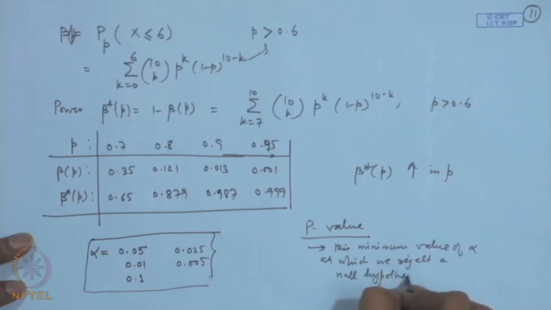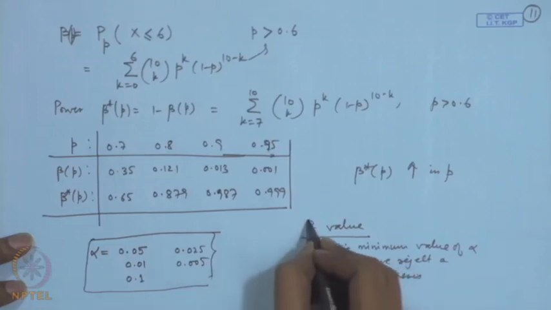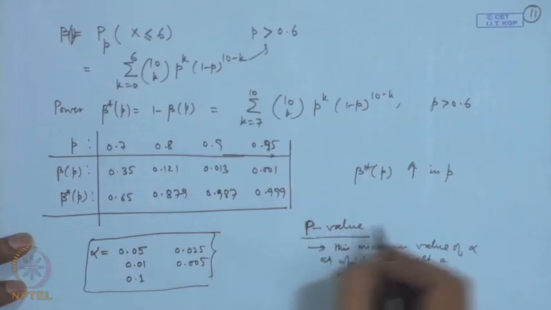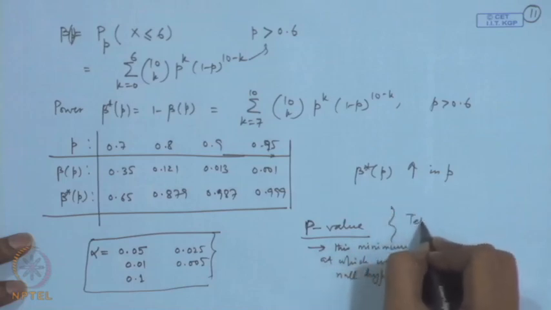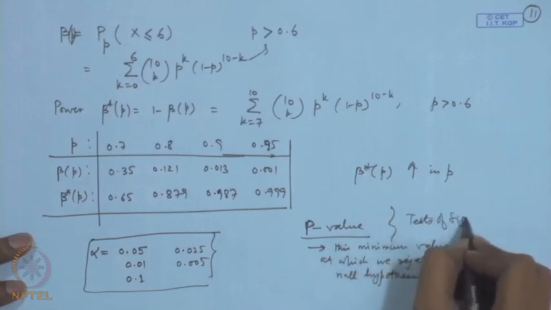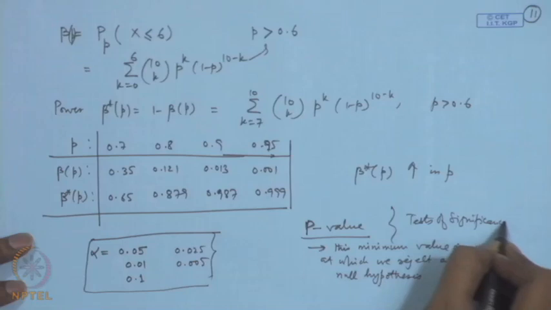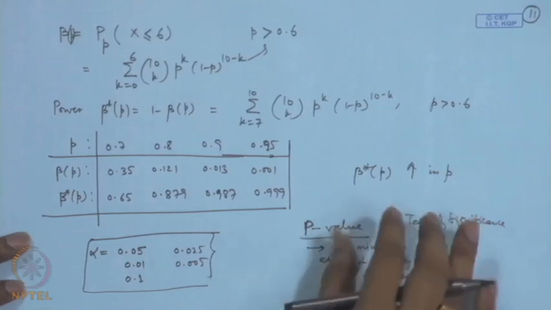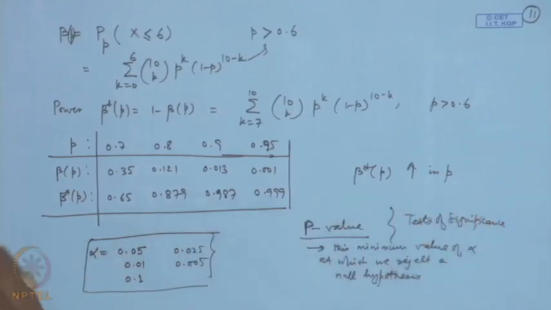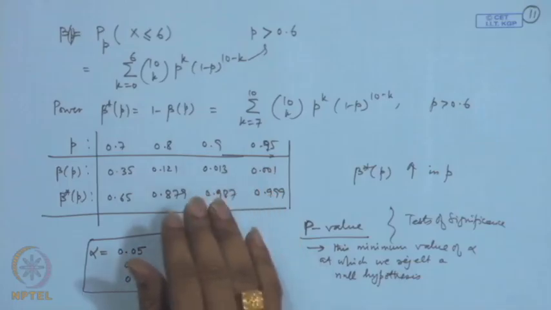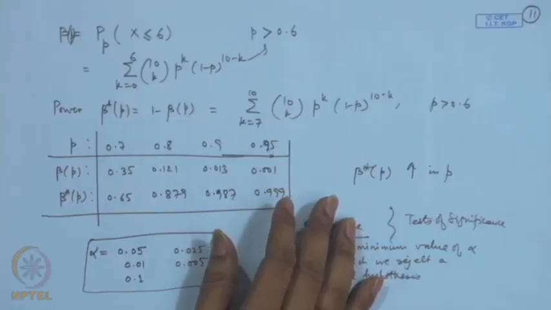This is called tests of significance or the p value. We will discuss these procedures a little afterwards. Firstly, we will discuss the Neyman-Pearson theory, but this is an alternative way of carrying out the test of hypothesis here.